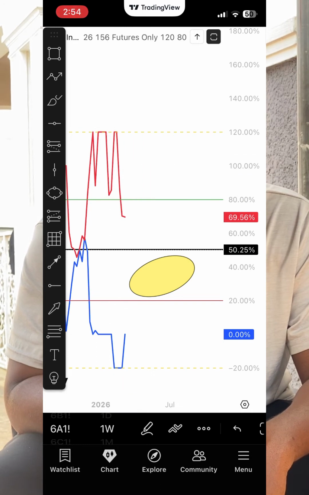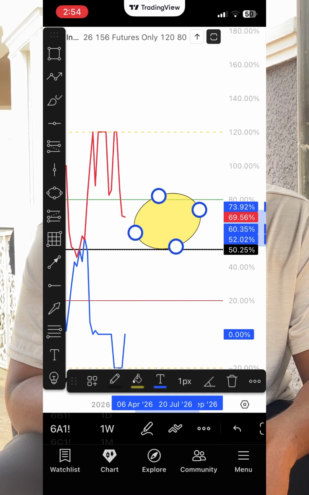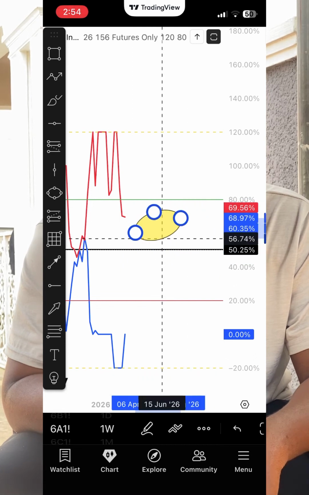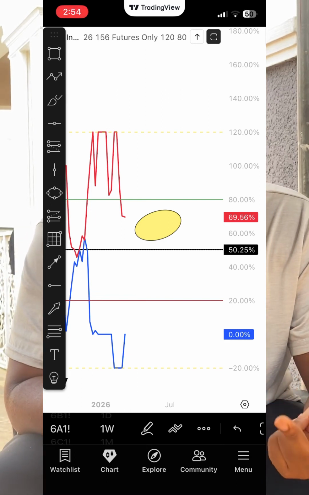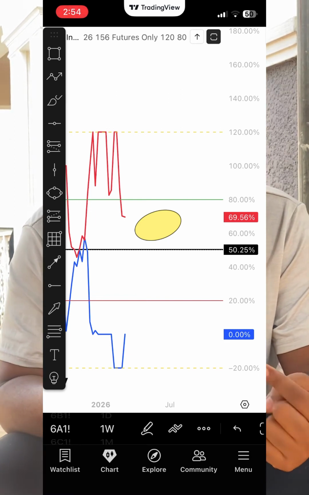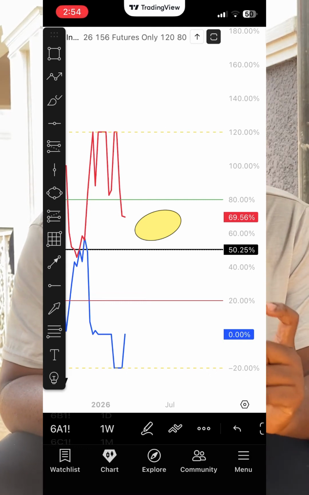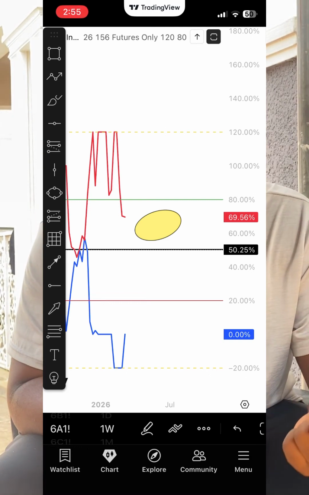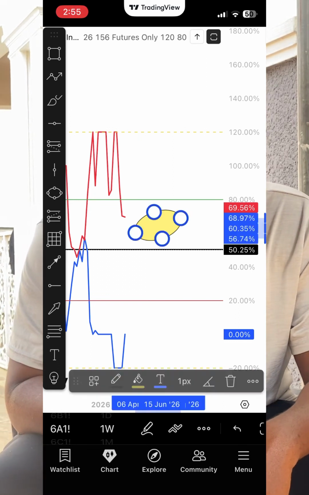Same if the opposite is the case. If the institutions are in the zone above the 50% level, I will still consider taking a buy, especially if the retailers are in the other extreme. Remember, I wait for one party to be extreme before I start looking at positions in the market. I hope that makes sense.